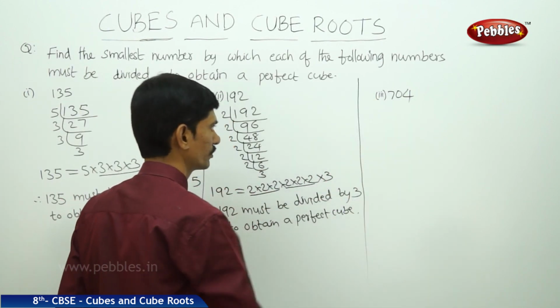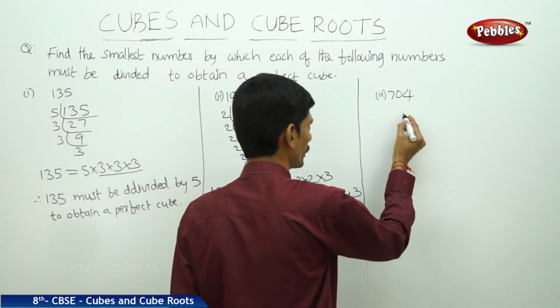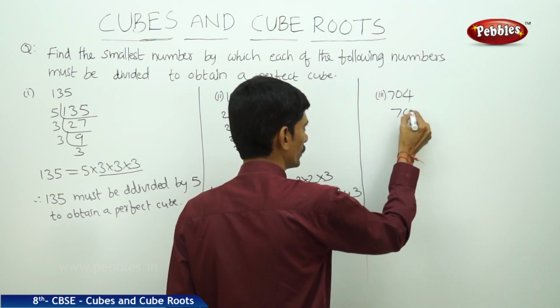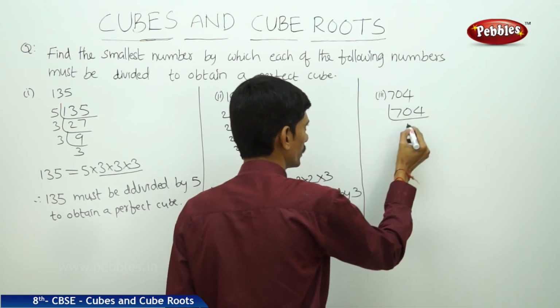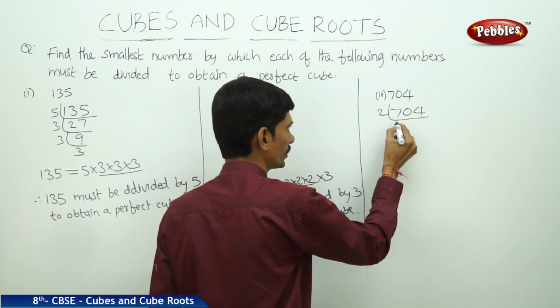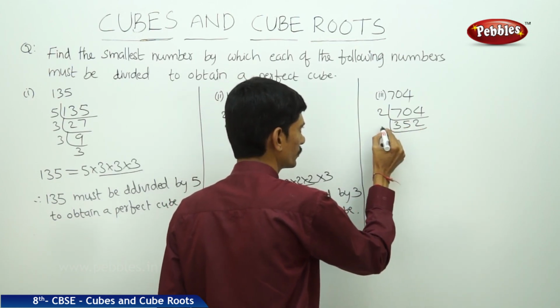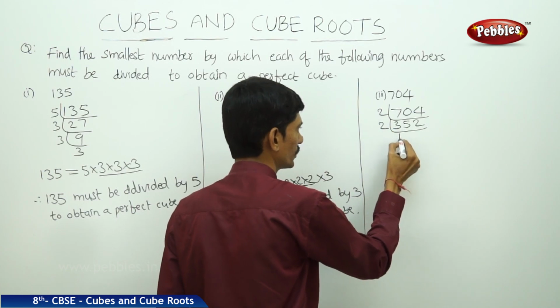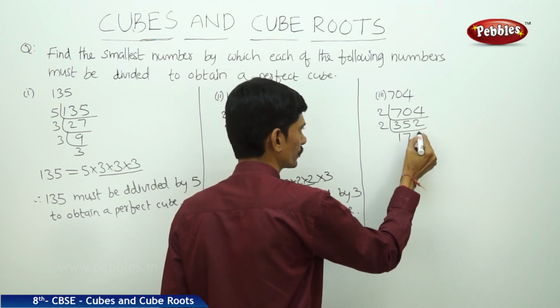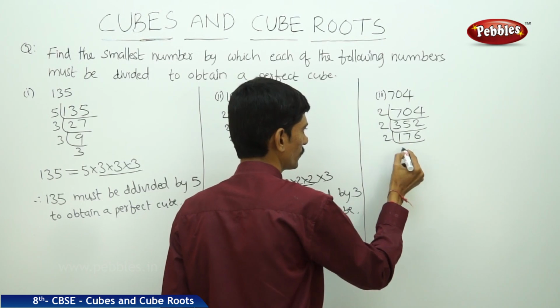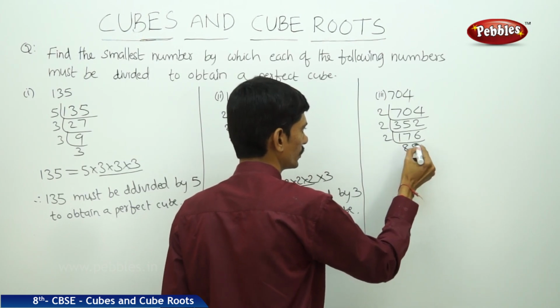Now the next question, 704. Let us factorize 704. It is divisible by the 2 table. Two 3s are 6, two 5s are 10, two 2s are 4. Again the 2 table. Two 1s are 2, two 7s are 14, two 6s are 12. Again the 2 table, two 8s are 16.